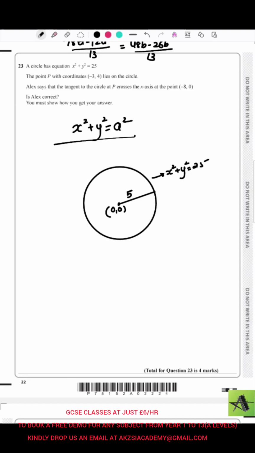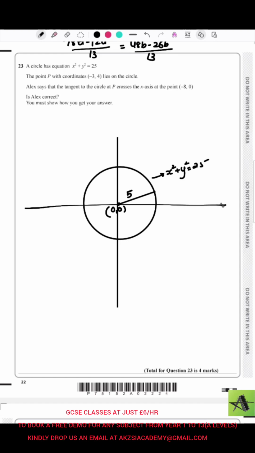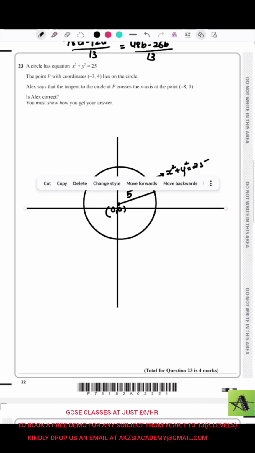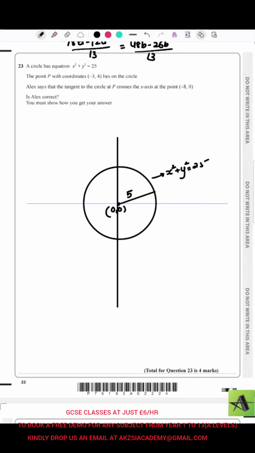Alex says the tangent to the circle at P crosses the x-axis at point -8, 0. Is Alex correct? So let me show you by drawing it properly. Obviously if the center is 0, 0, that means this is the origin and the circle is like this. It's at the center, the intersection of both the axes, x and y. Now -3, 4.